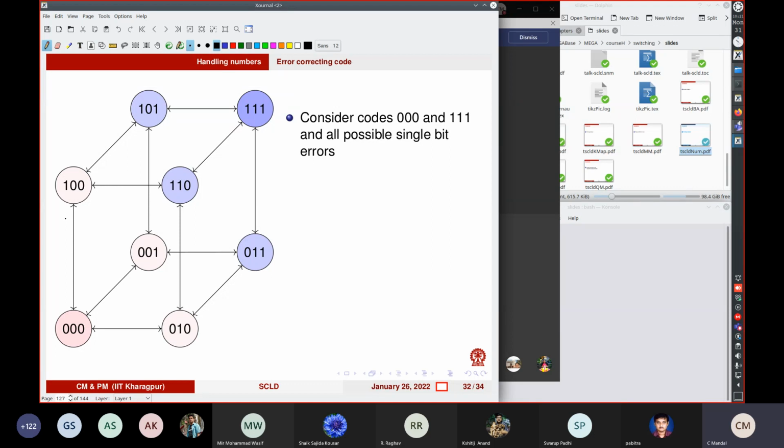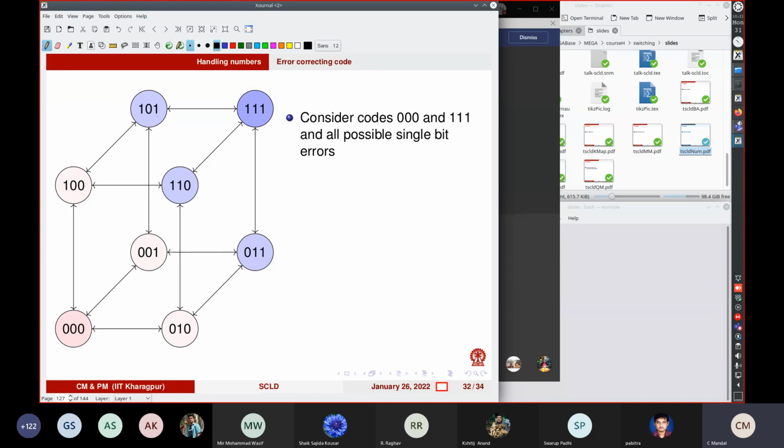Why are you able to correct? Because the codes 100, 001 and 010 can come only from the code 000. So all these pinkish codes correspond to 000.